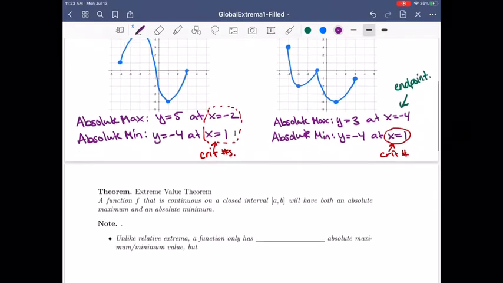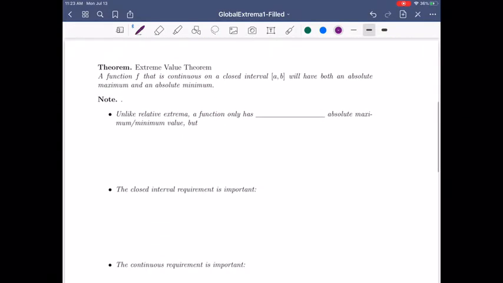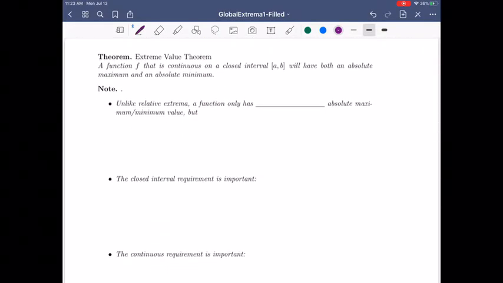Okay, so this is the idea behind the extreme value theorem. Often, just like the intermediate value theorem, we denote this EVT. So what it says, and there's a couple things that are important here. If f is continuous, continuous is important, continuous on a closed interval.